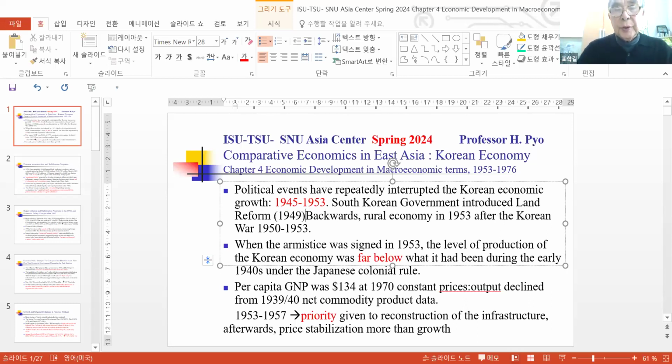This is the most important economic event: the introduced land reform.